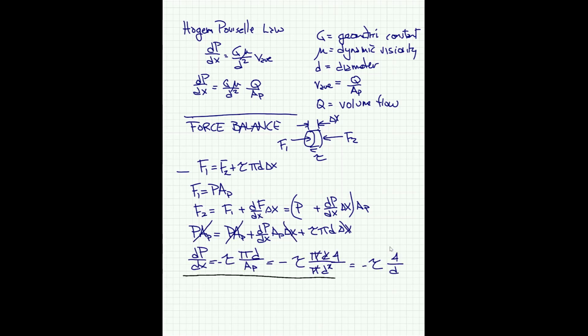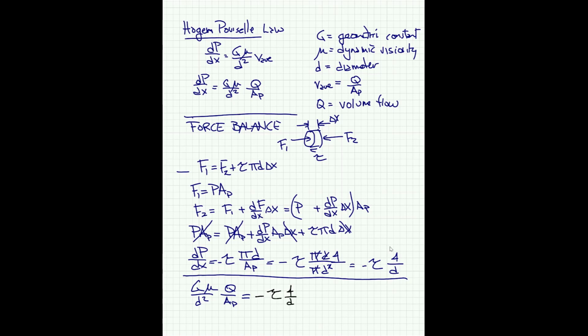Now, we've got these two approaches, the Hagen-Poiseuille and the force balance, both of which give us pressure gradients. So we equate them, and from Hagen-Poiseuille, we get this, and that equals the force balance, which would be minus tau over d.